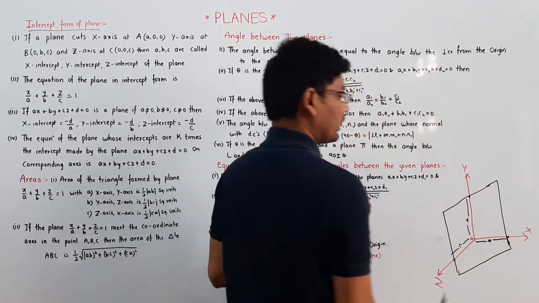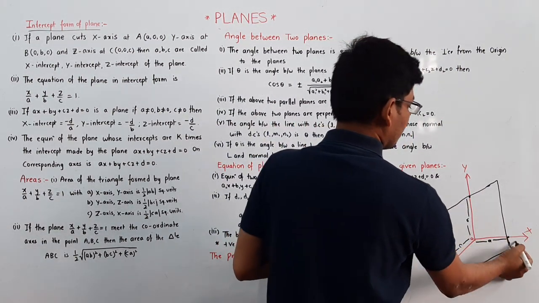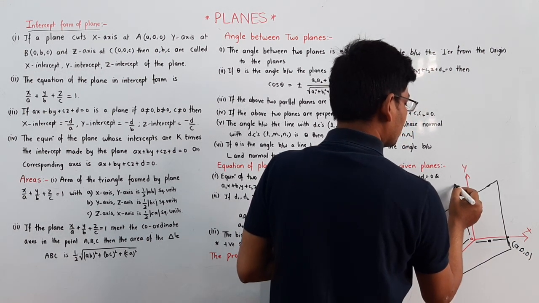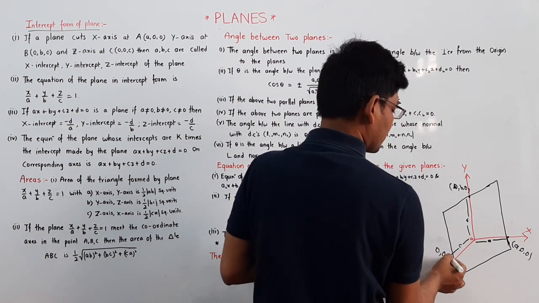Then the points are a, 0, 0 and 0, b, 0 and 0, 0, c.